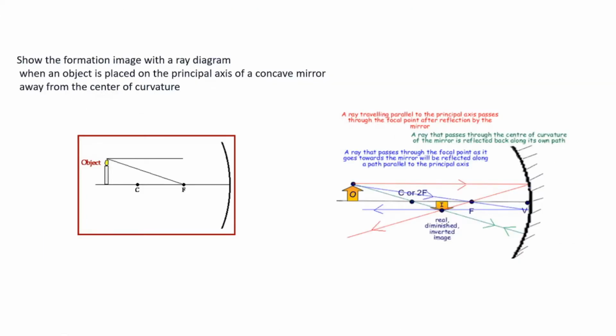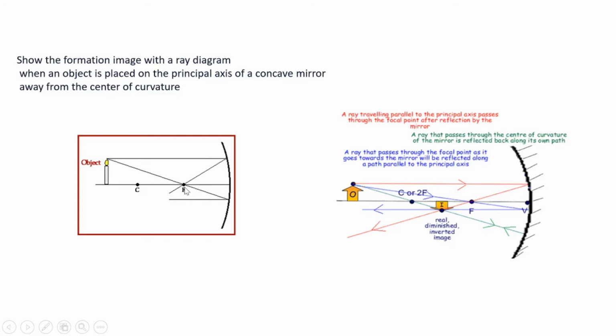Show the formation of an image with a ray diagram when an object is placed on the principal axis of a concave mirror away from the center of curvature. Again, we are using a concave mirror. Now the positions of the object are changing.